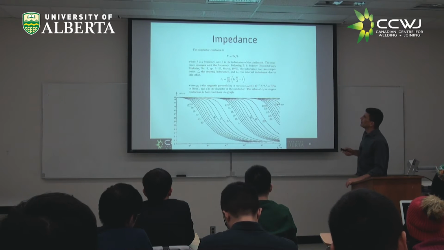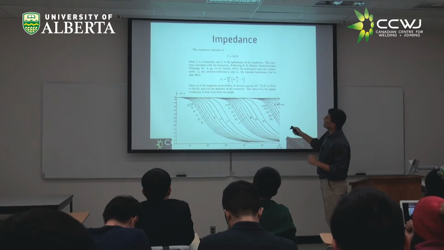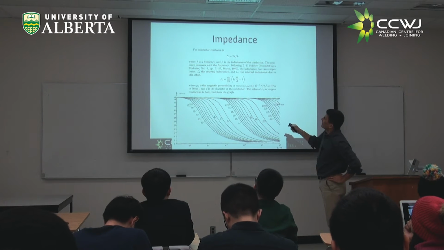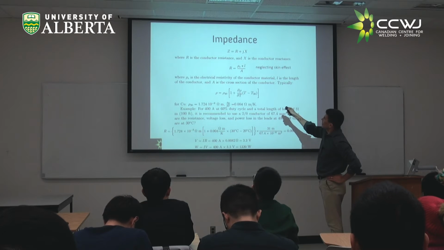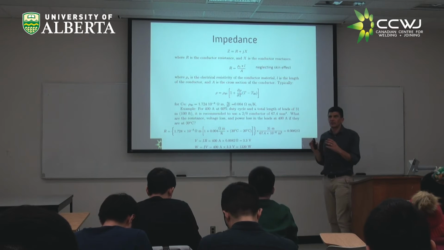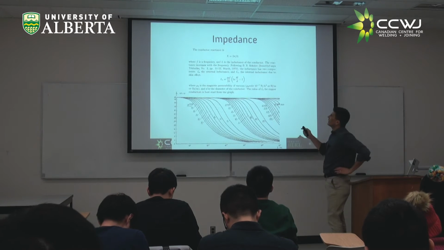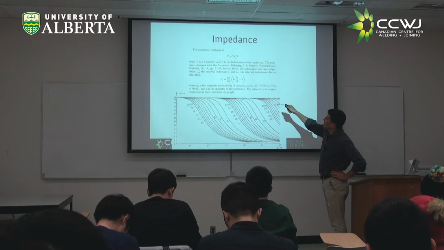Okay, I'm going to skip to the impedance, right? Remember when I said here, resistance and then an imaginary component, this is the reactance, right? The reactance has units of ohms. And the reactance comes from something called inductance.